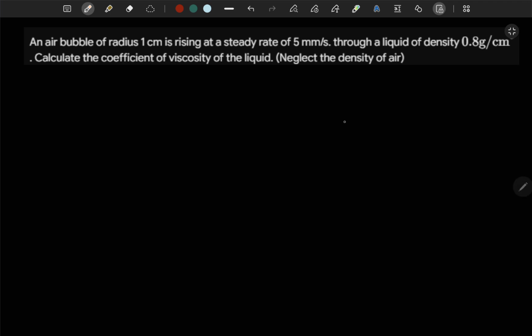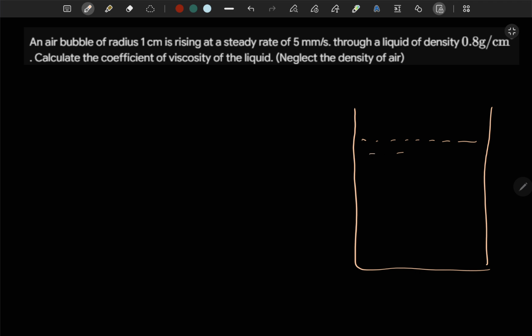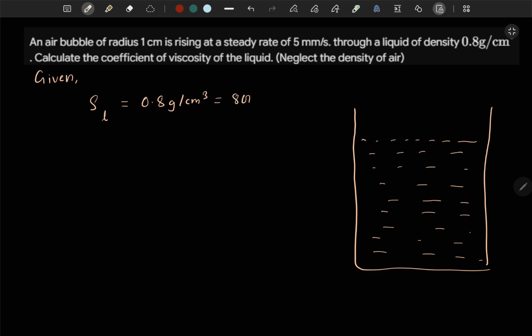So here we have some liquid whose density is given as 0.8 gram per cm cube, which is equal to 800 kg per meter cube.